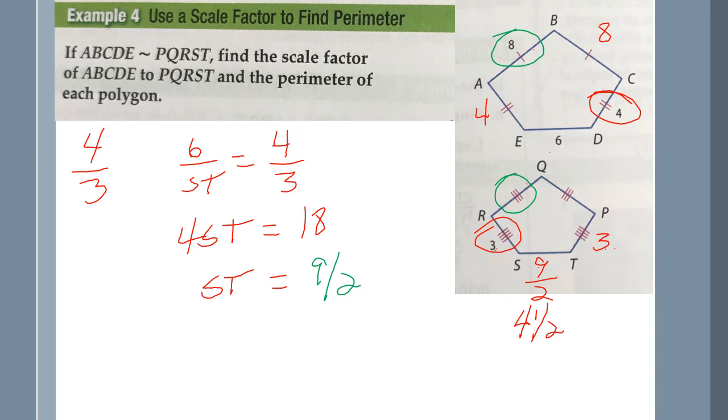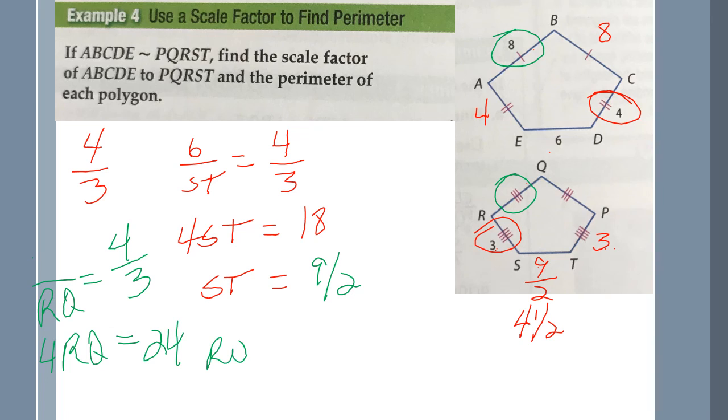So I'm going to take 8 over RQ equals 4 over 3. 4RQ would equal 24. My bad. RQ equals 6.